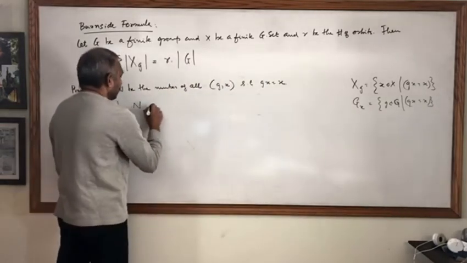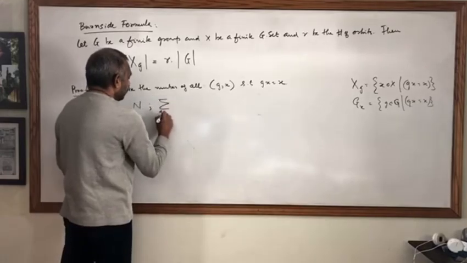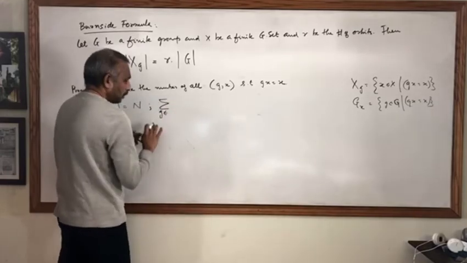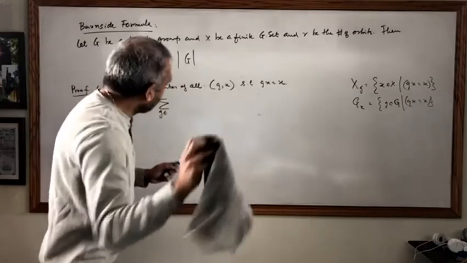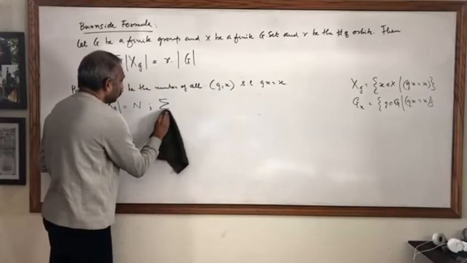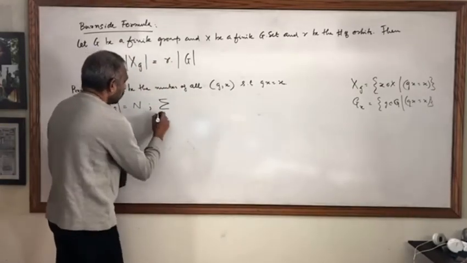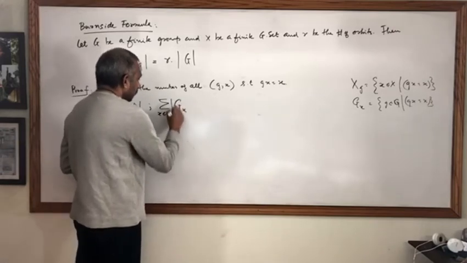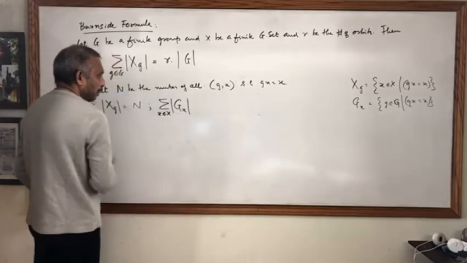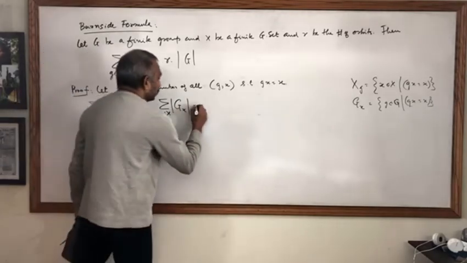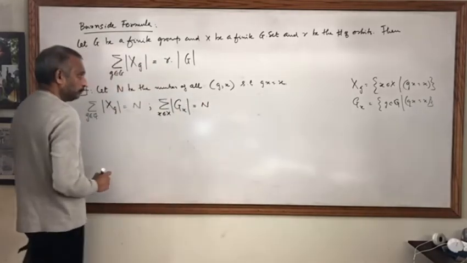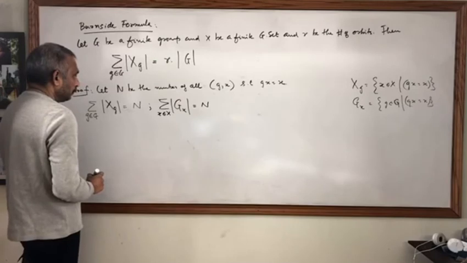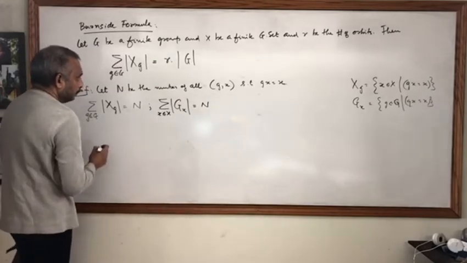Similarly, the sum over x belonging to X of the cardinality of G_x, which is a subgroup of G, that also is equal to N. We will take this one again.